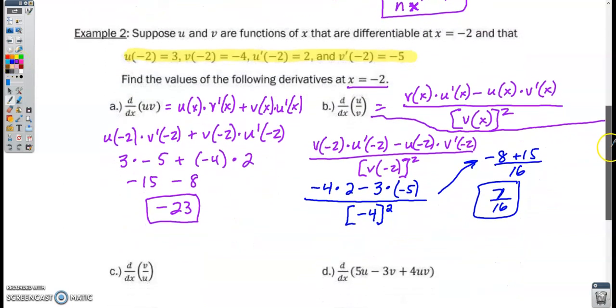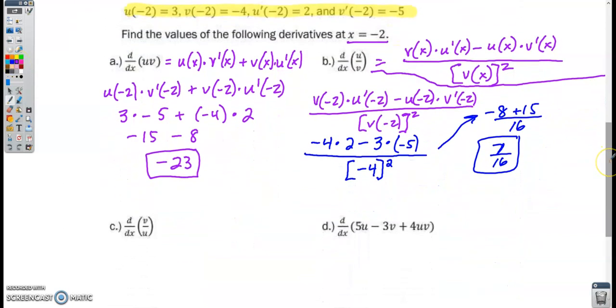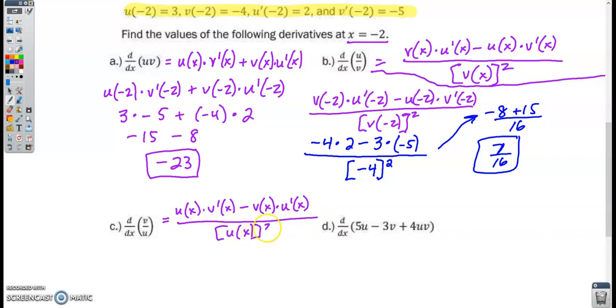All right, we've got a part C and a part D here. It's going to be a little weird. You might have to scroll back and forth to get values, but we're first taking the derivative of v over u. This is very similar. Again, we're going to use the quotient rule. So we've got low times the derivative of high minus high times the derivative of low, square the bottom, and away you go.